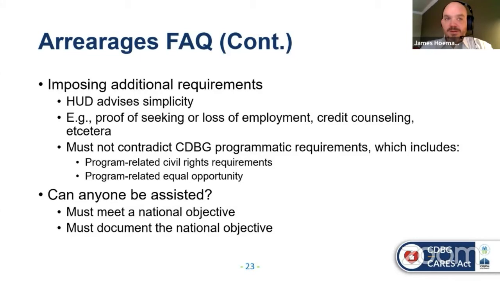So if you need to have documentation that you determine, you also need to have alternates for them. Obviously, if someone has been out of work for several months, they're not going to have an earnings and leave statement. More than likely, they're probably not going to be able to get a letter from the employer saying that their position was canceled or they were relieved because of whatever circumstance it is. So you need to have a way for them to document that, which usually falls back to self-certification.